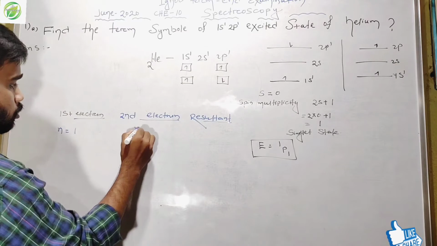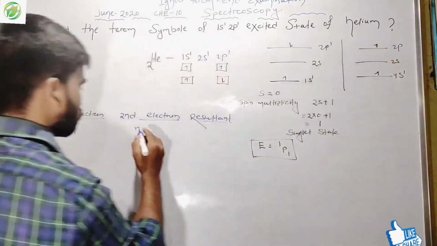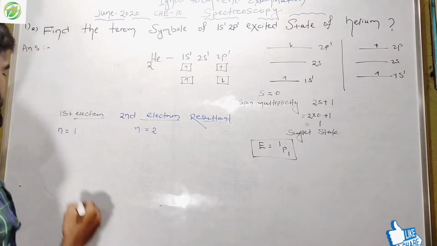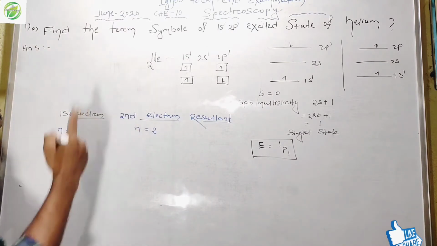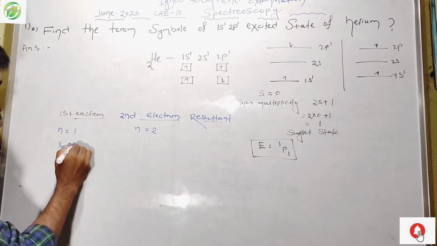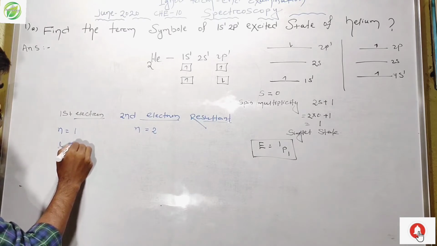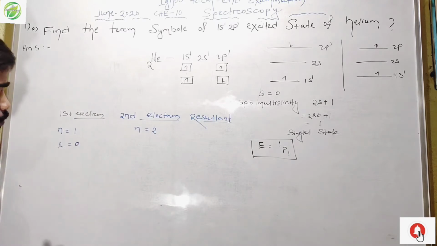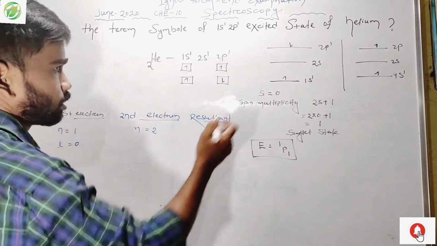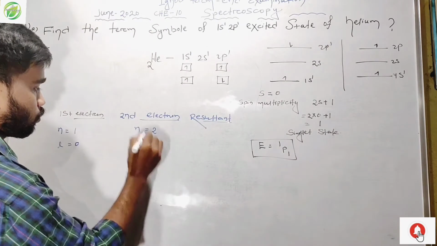For the second electron, the principal quantum number n is equal to 2. For the first electron, the L value is n minus 1, that is 0. For the second electron, the L value is equal to 1.